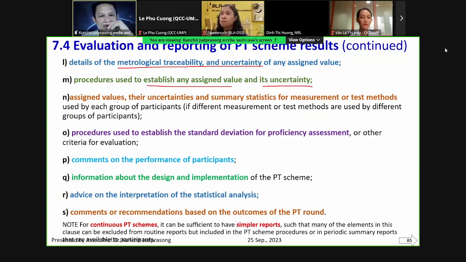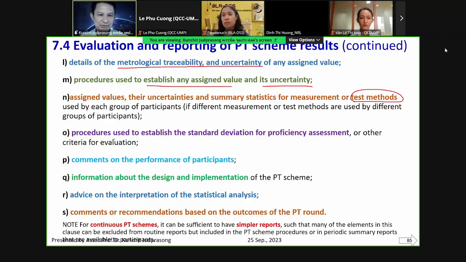The SI value and their uncertainty and summary statistics for measurement or test method by each group. So you have to classify if you can differentiate between each test method. We have to separate, and we can calculate the uncertainty and have summary statistics for different groups.